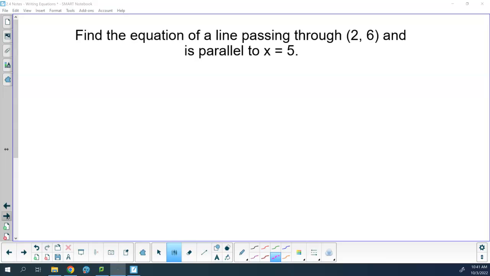What is the vertical line that passes through the point (2, 6)? X equals 2 would be the equation of the line that passes through (2, 6) and is parallel to x equals 5.